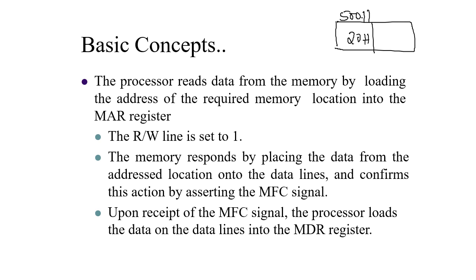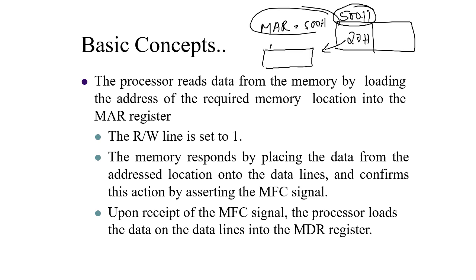So now, if the processor wants to read this data, it will load the location address into the MAR register. As soon as 500H is loaded into the MAR register, this 20H gets loaded into the MDR register. 20H gets reflected in the MDR register.